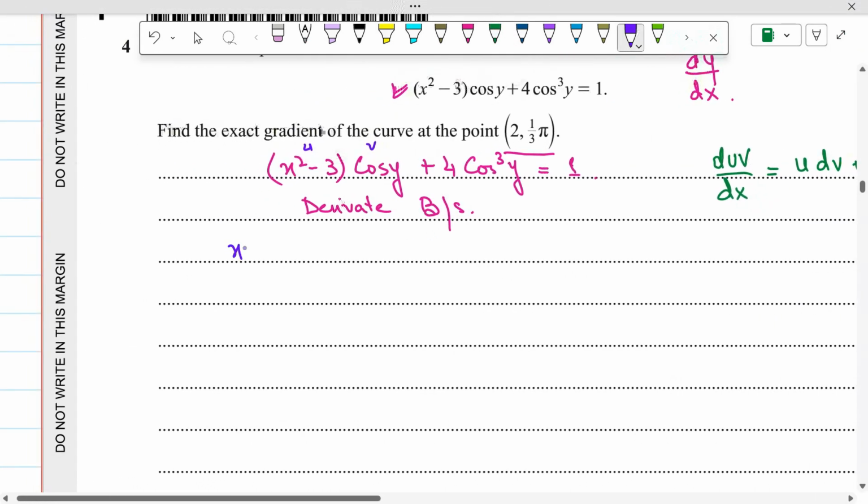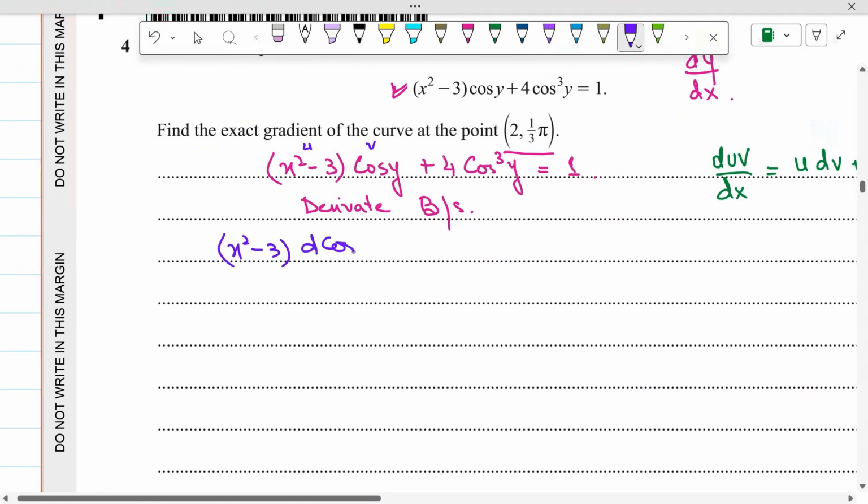u remains the same, x² − 3, and the derivative of v, which is the derivative of cos y.